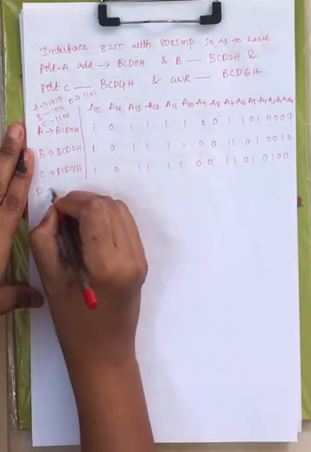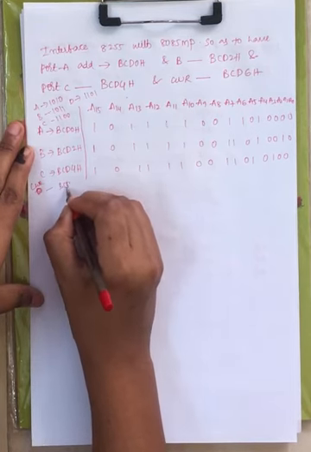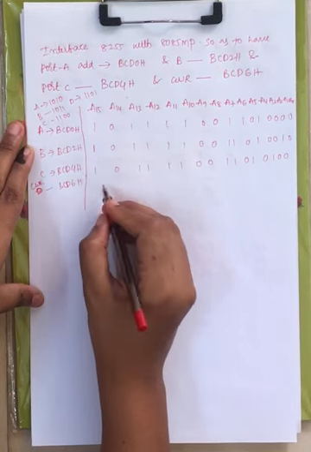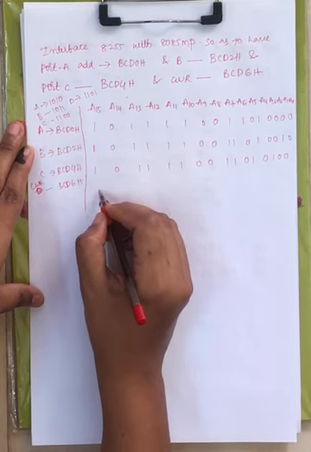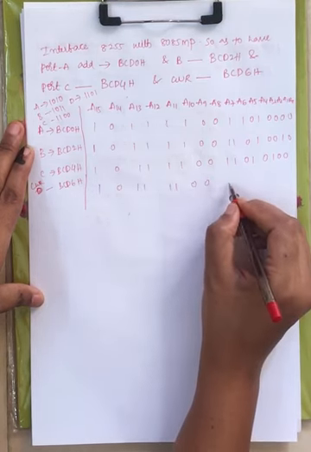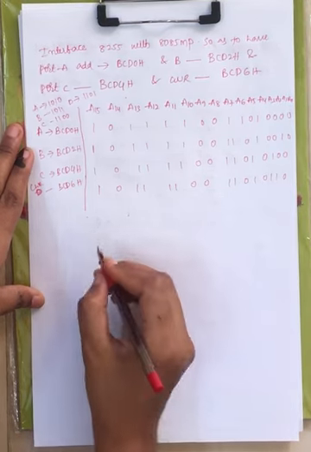Now port D, nothing but the control word register, should be BCD6H, that is 1011 1100 1101 0110, right?